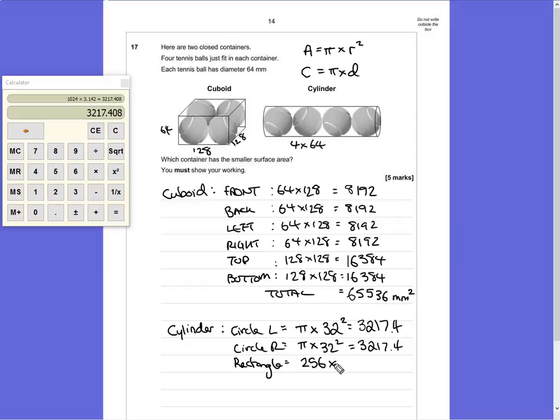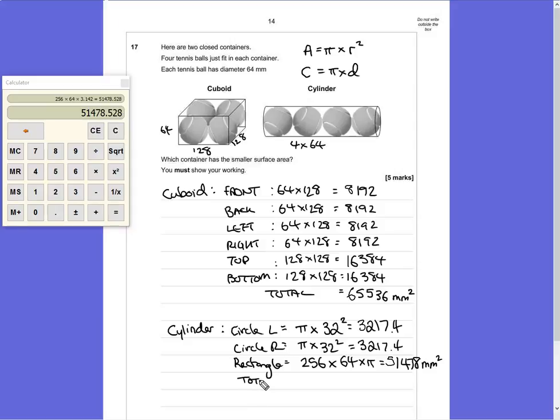So we have 256 multiplied by the diameter of 64 and multiplying it by pi. Once again, if you don't have a pi button, you can just use 3.142. Giving us a surface area of the rectangular curved edge to be 51478 millimeters squared.